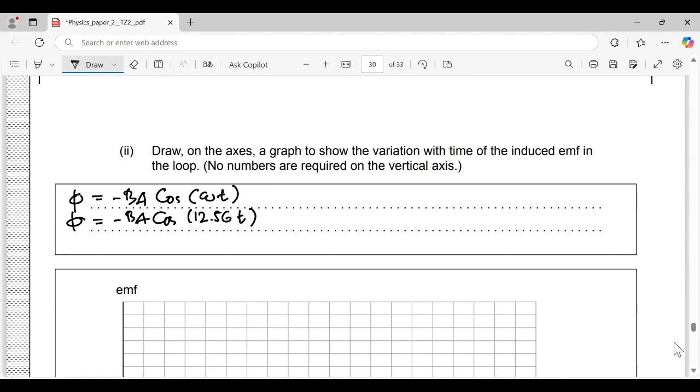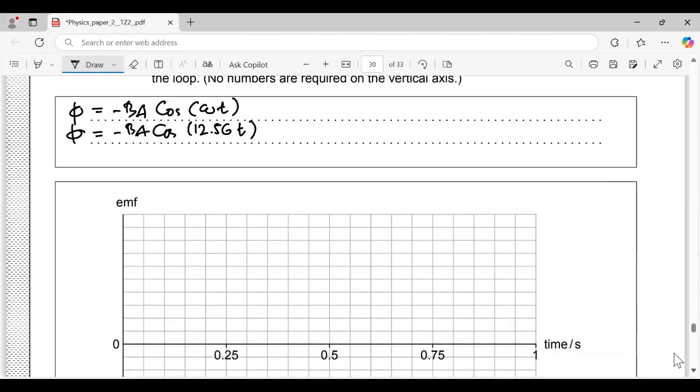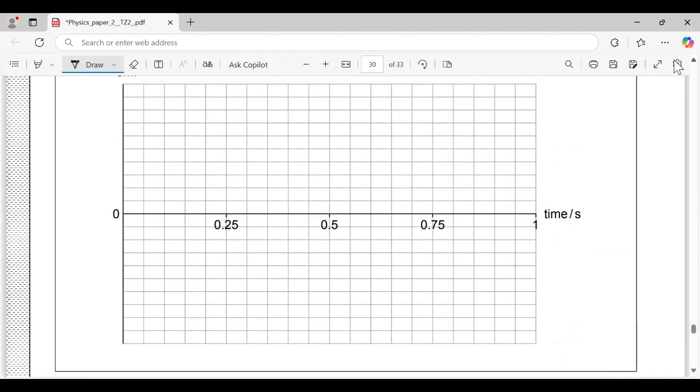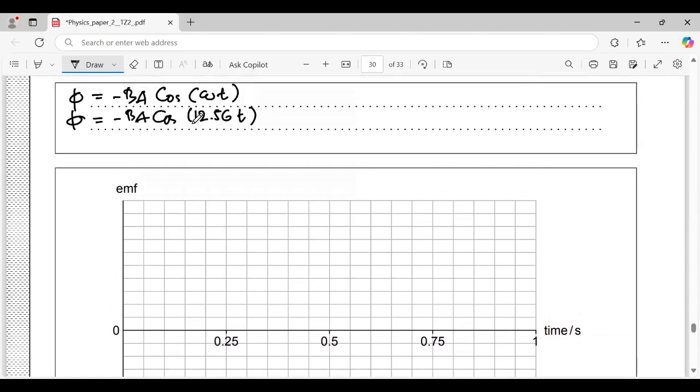Now, on this graph, if T equals 0 and you substitute into this formula, you find minus BA cosine 0. Cosine 0 is 1, so it means minus BA.